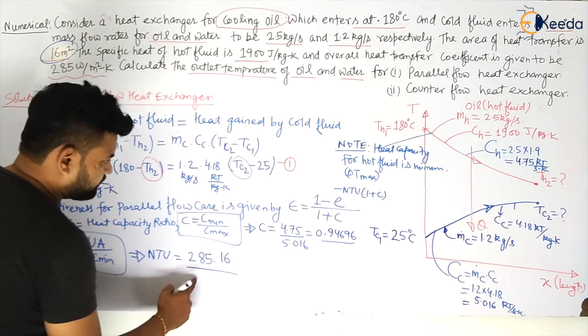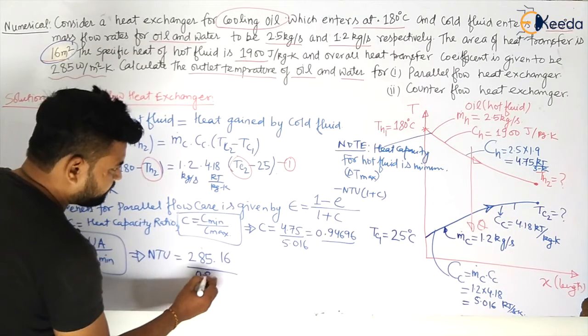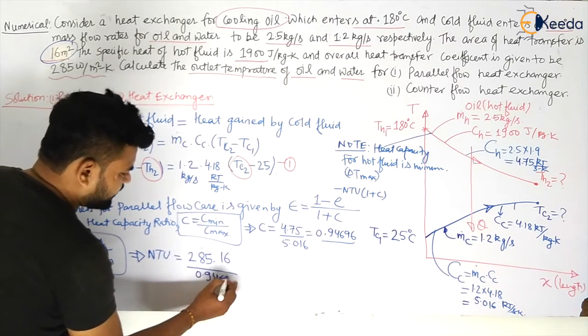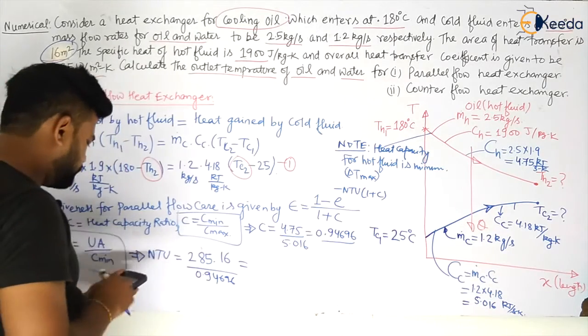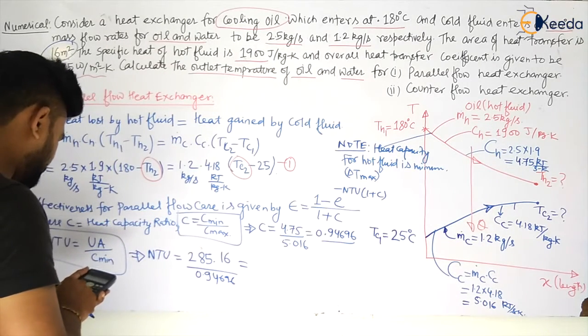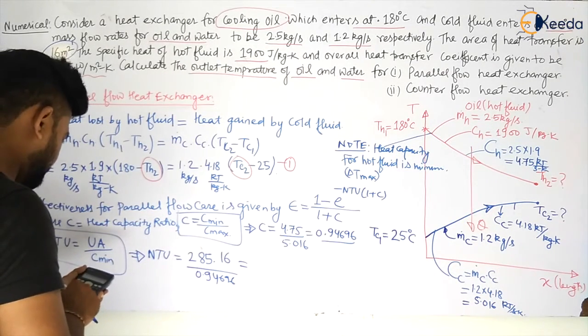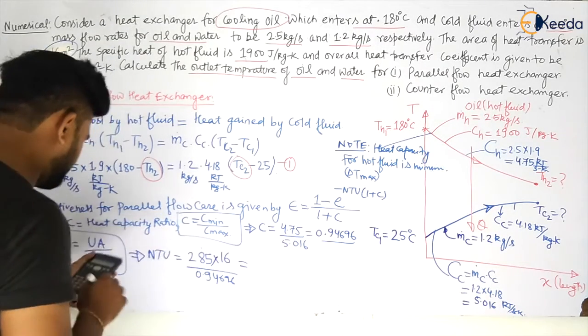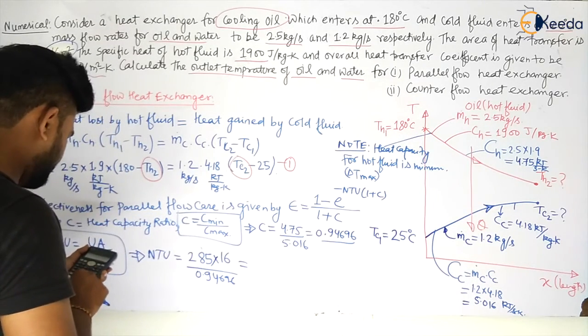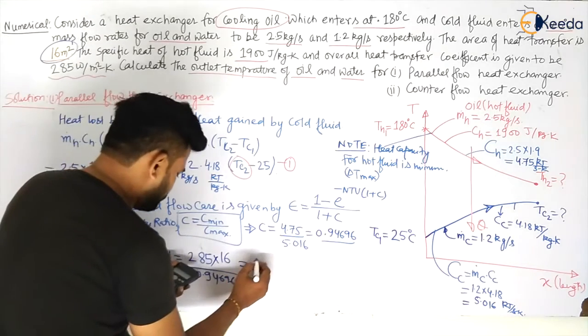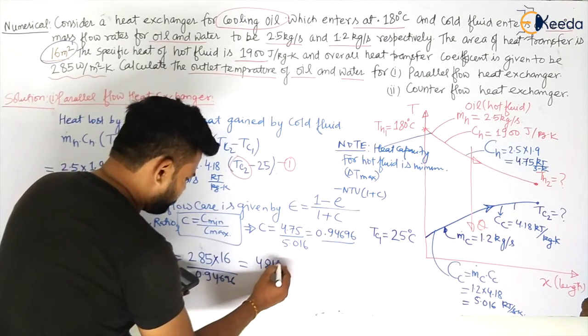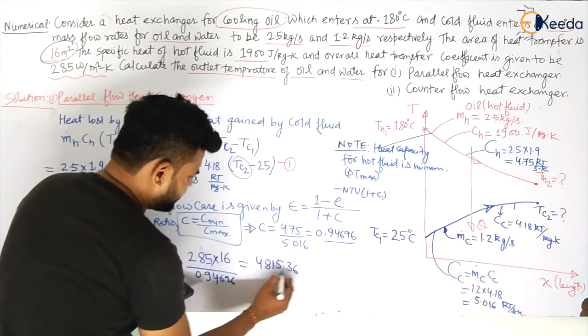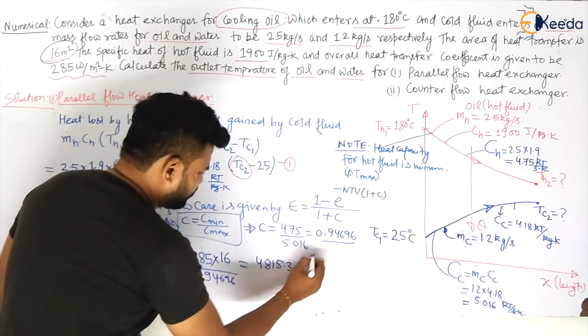Now, what is the value of C minimum? 0.94696, sir. So this will become equal to 285 into 16 divided by this. So this will be equal to 4815.36, my dear students. This will be the value of NTU.